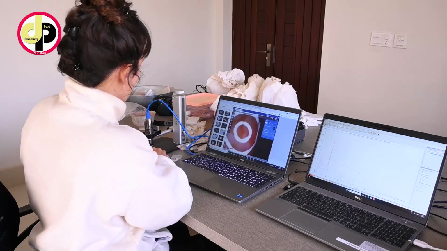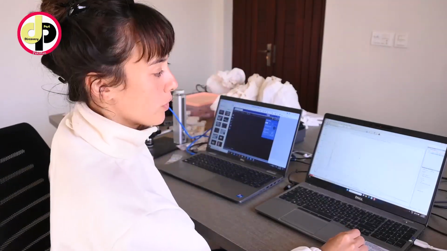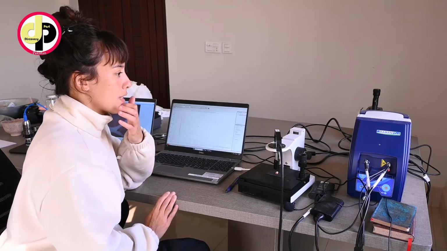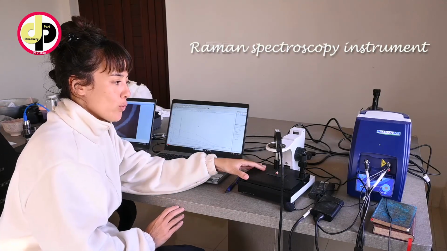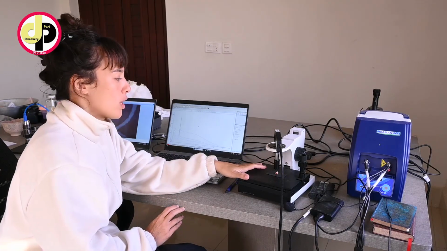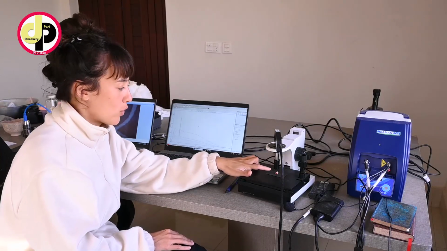When I'm done with this, I can now analyze it with this instrument. This instrument is a Raman spectroscope, and the point of using it is to identify the molecular composition of the material.